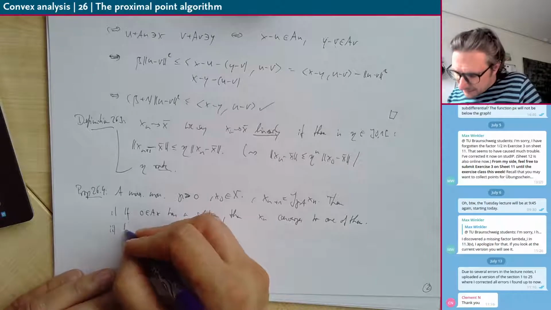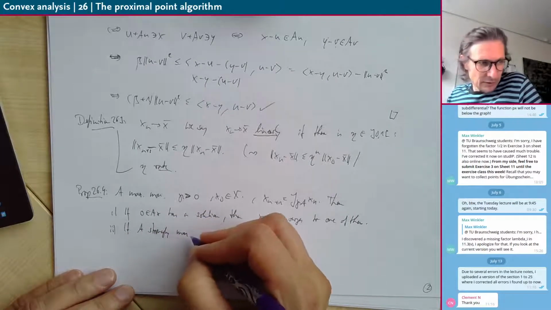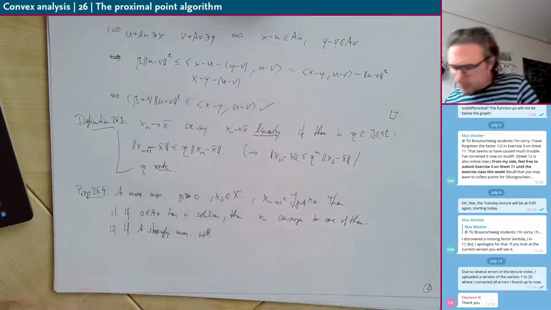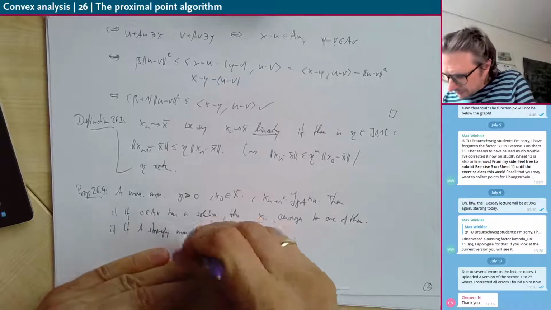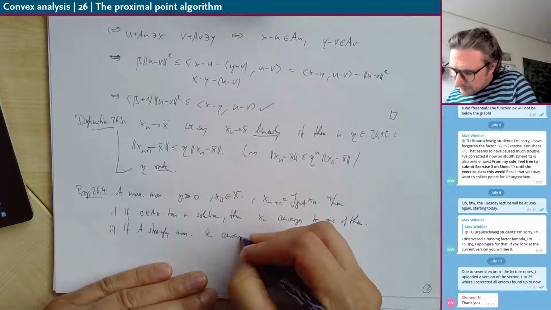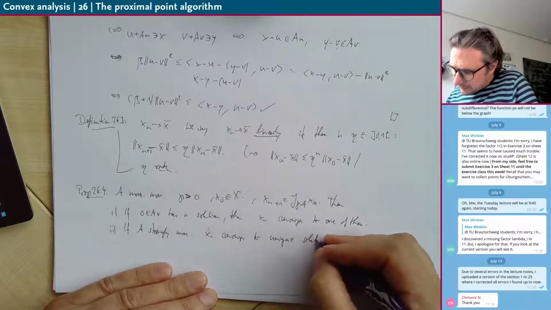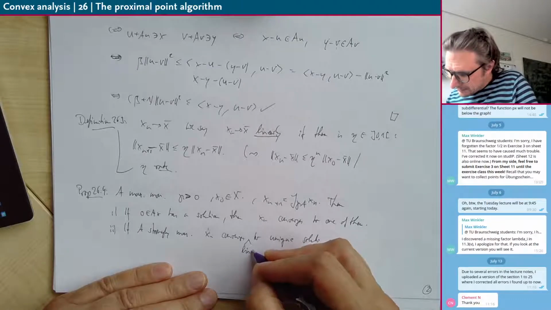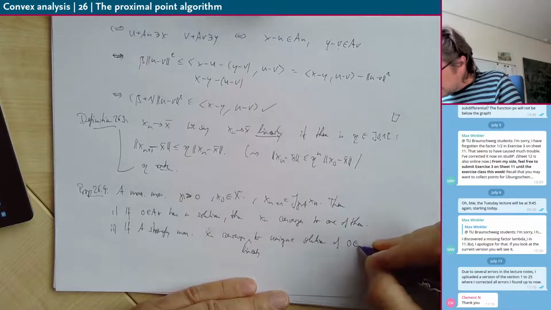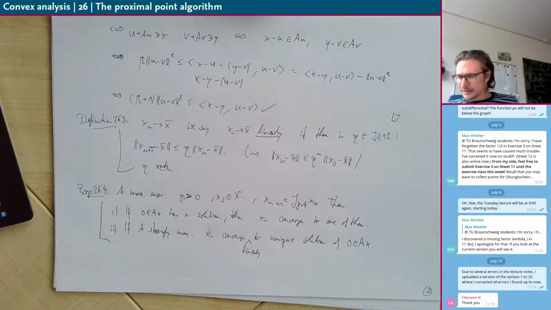And then if A is strongly monotone, actually with constant beta, now I don't care about the constant here, then x_n converges linearly to the unique solution of 0 in Ax. Okay, that is that.